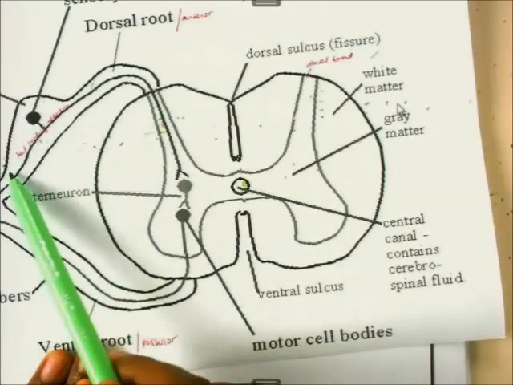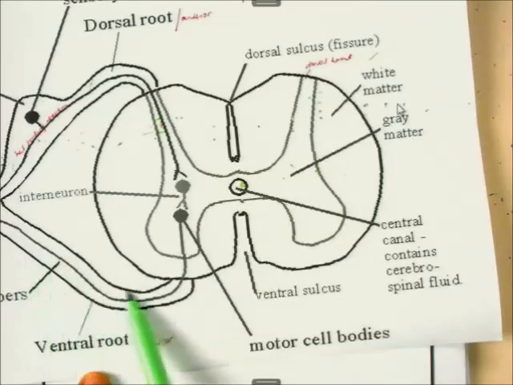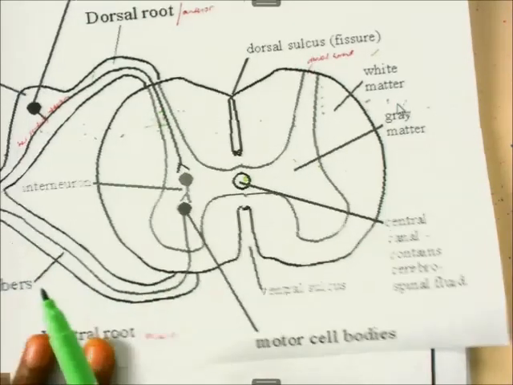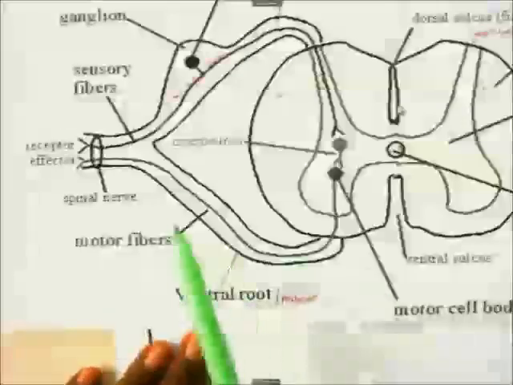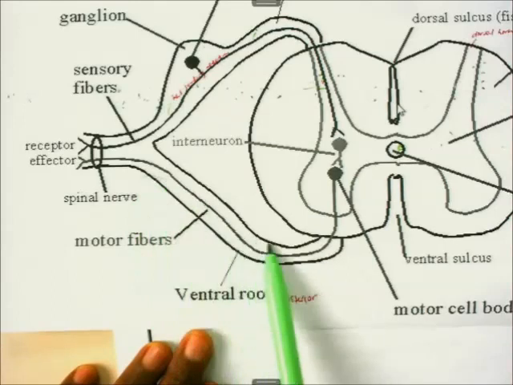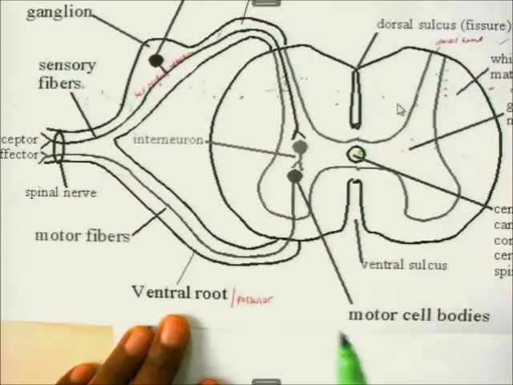Inside the dorsal root, we find a sensory neuron. And then it has the bottom part, which is called the ventral root. It is inside this ventral root where we find the motor neuron.